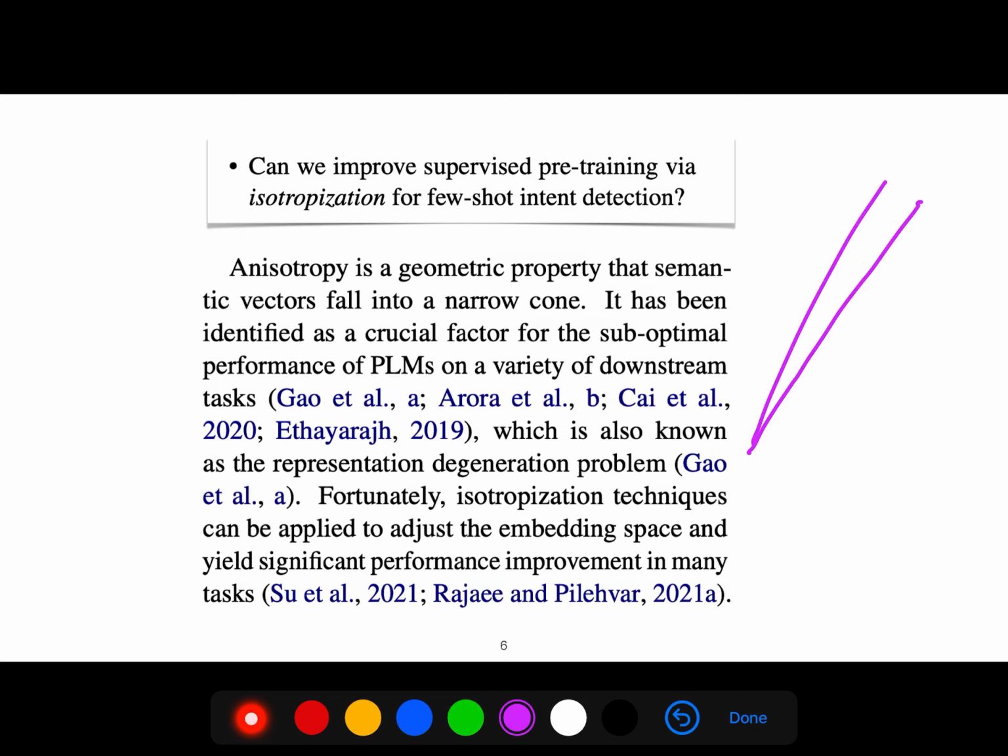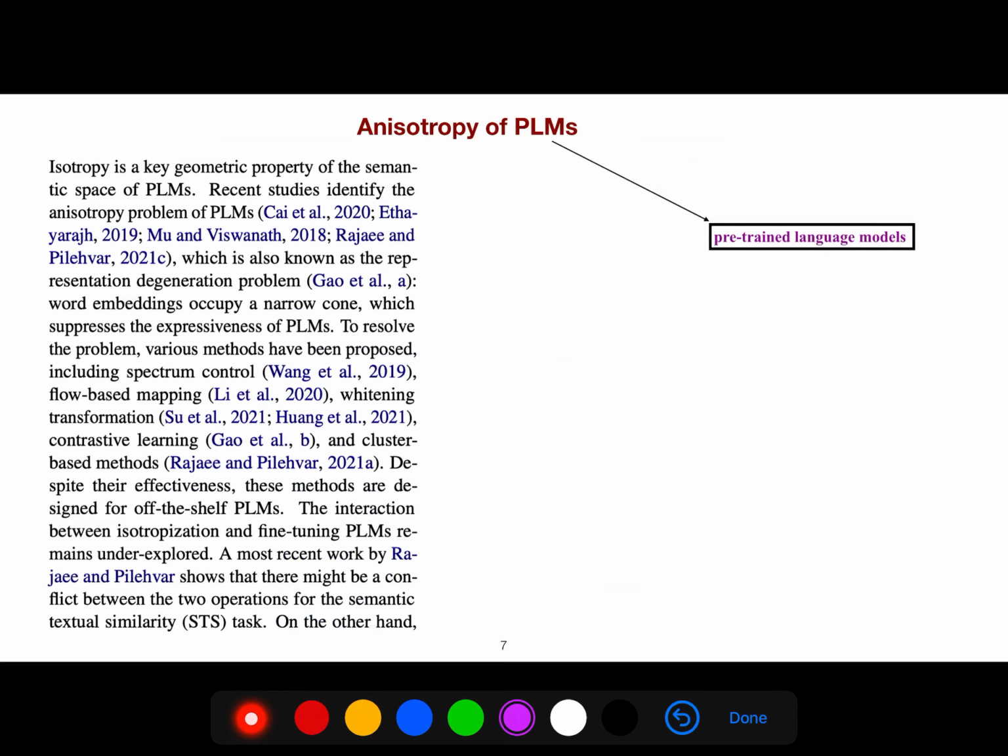Fortunately, isotropization techniques can be applied to adjust the embedding space and yield significant performance improvement in many tasks. Isotropy is a key geometric property of the semantic space of pre-trained language models, and recent studies identify the anisotropy of pre-trained language models, which is also known as the representation degeneration problem.